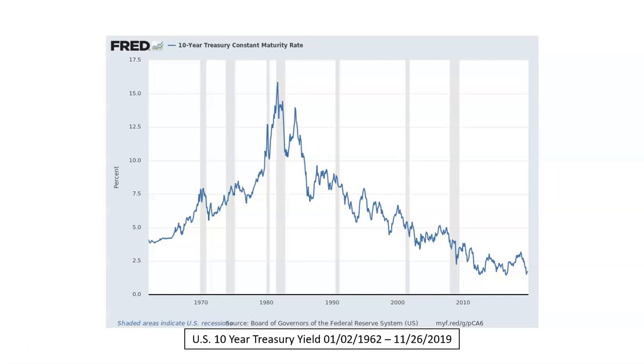And when we look over to the right of the chart, we're at one of the lowest points right now. As of the production of this video, we're at one of the lowest points ever on the U.S. 10-year Treasury. It is extremely important that you understand that yields have been falling for a long time.